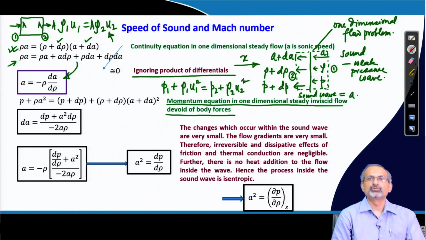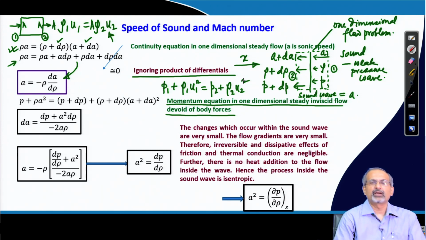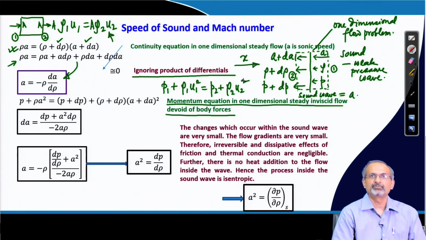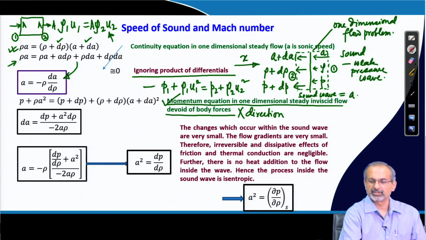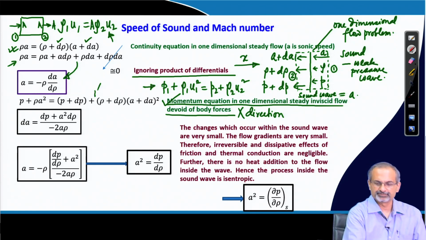You can go back to your lectures on conservation laws, where you have the different integral and differential forms. You can pick up the integral form and integrate the momentum equation in 1D steady inviscid flow devoid of body forces, let us say along the x direction. If you do that, you will come up with an equation like this. So, we are using that equation here.